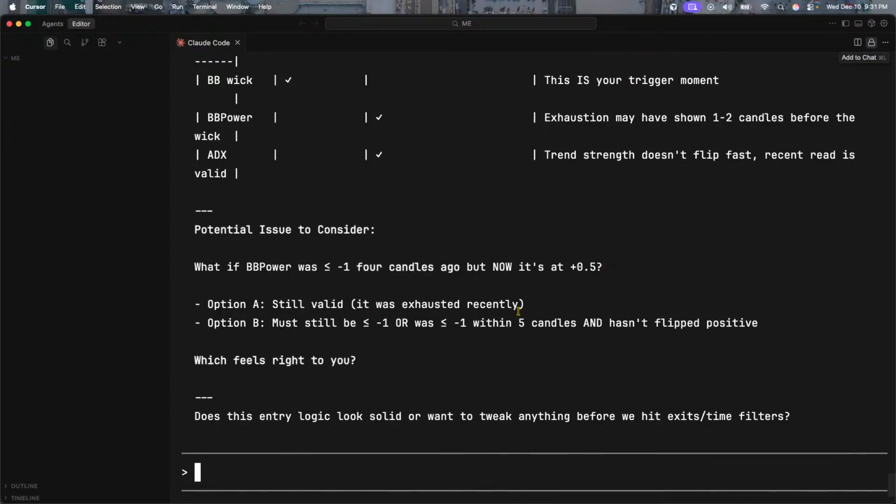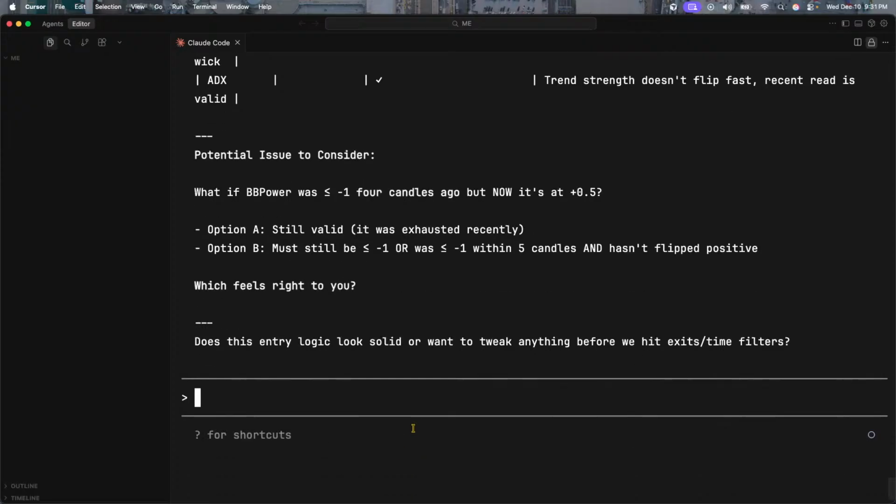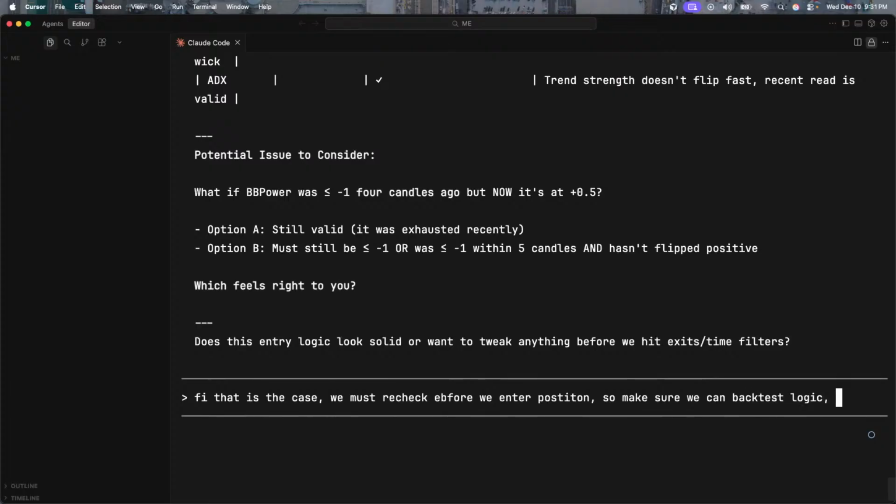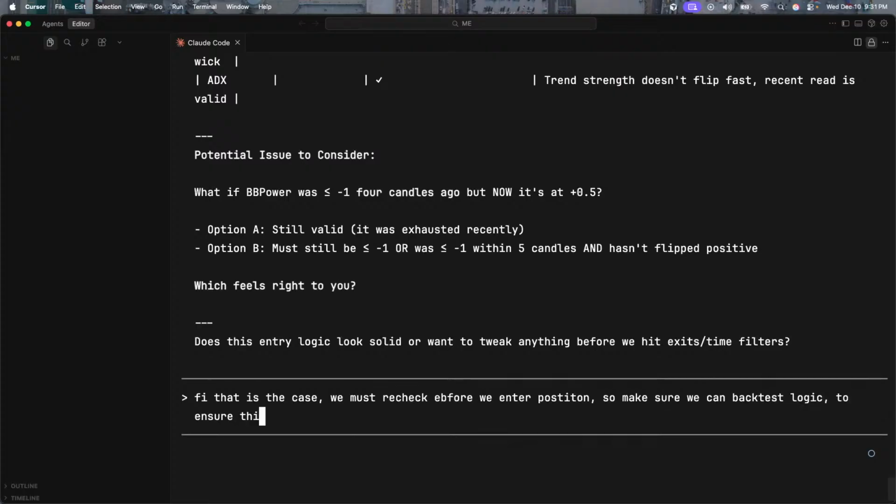It was recently exhausted, so it must be no. If that is the case, we must recheck before we enter the position.